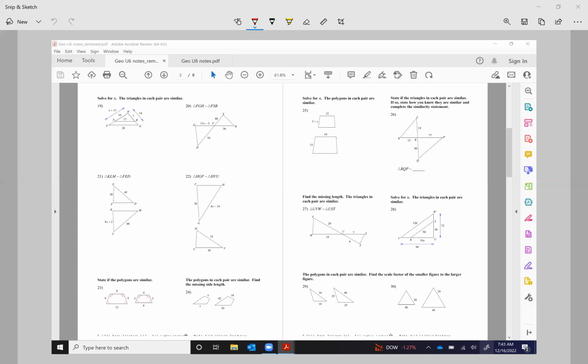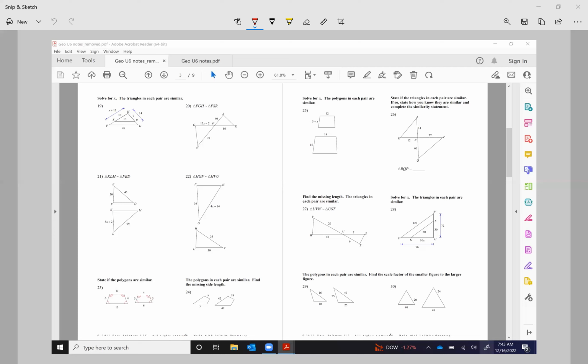And if you notice, on the small triangle, I have two angles marked. On the big triangle, I have two angles marked. All right, angle is enough. So let's see. I'm going to say these are going to be similar by angle. So here we have TSR. That is the big triangle.